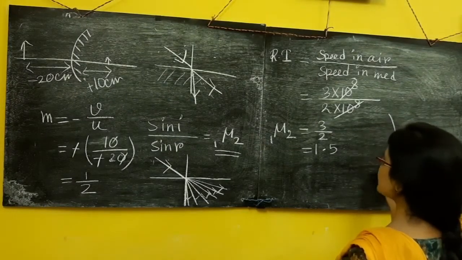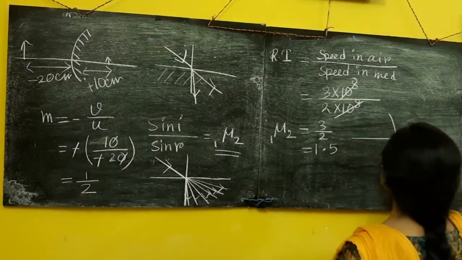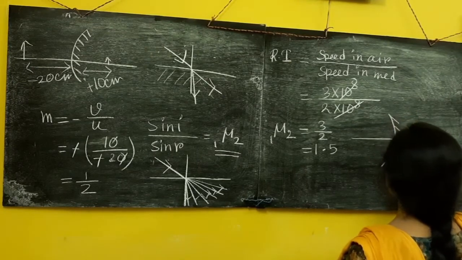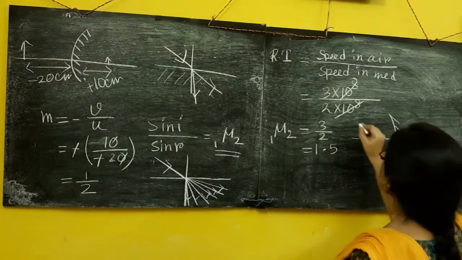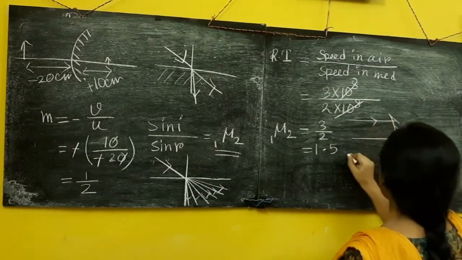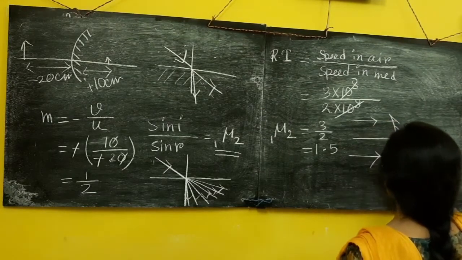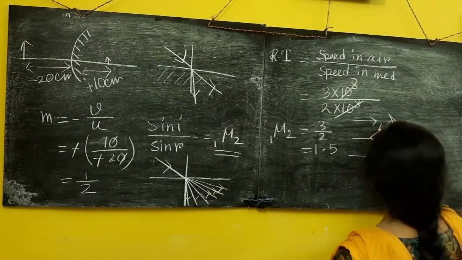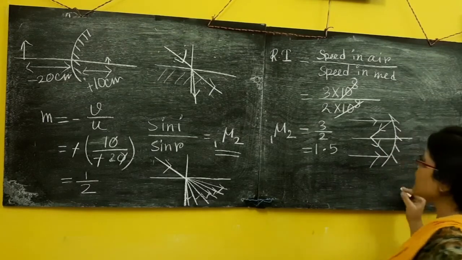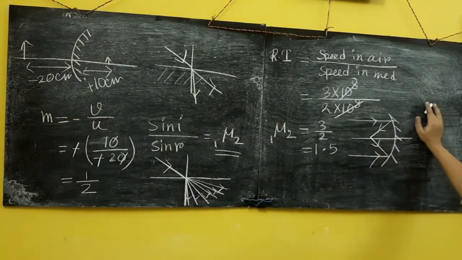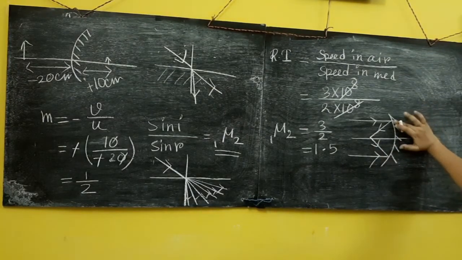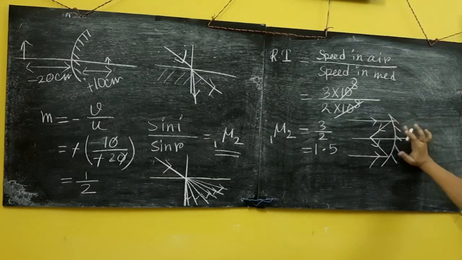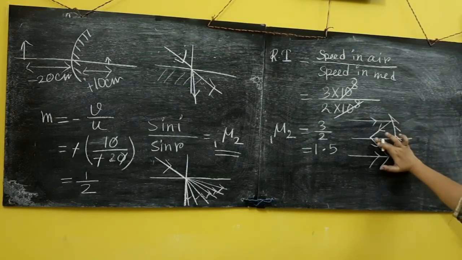Remember, why are they using a concave mirror? Because it is the property of a concave mirror that when a parallel bunch of light falls on a concave mirror, it will meet at the focus. Clear? This phenomenon works vice versa. Means if a parallel beam of light falls on the mirror, it will meet at the focus.